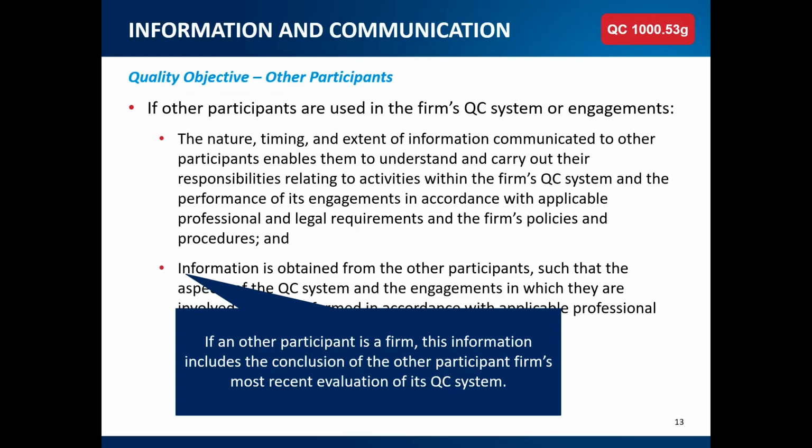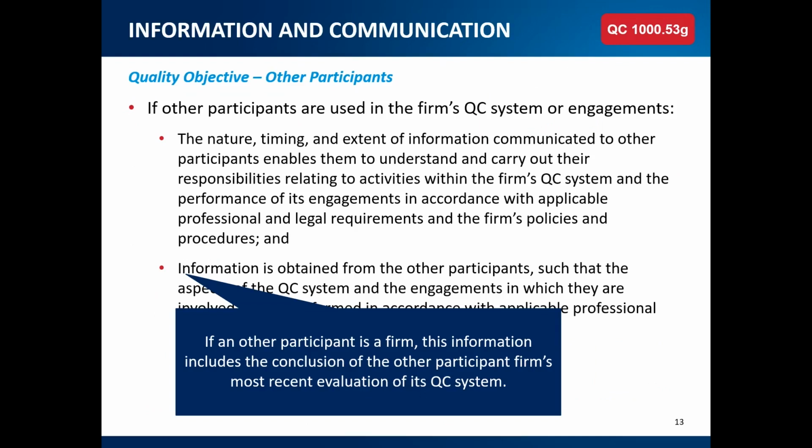In practically all cases, we believe a firm will be able to obtain the conclusion of the most recent evaluation of the other participant's QC system. If a firm is unable to obtain the other firm's evaluation of its QC system, for example, because the other participant hasn't performed an evaluation or if local laws forbid them from sharing it, then the firm should assess what other procedures are necessary to achieve the quality objective.